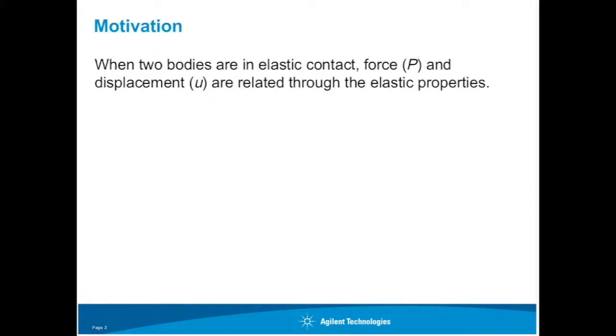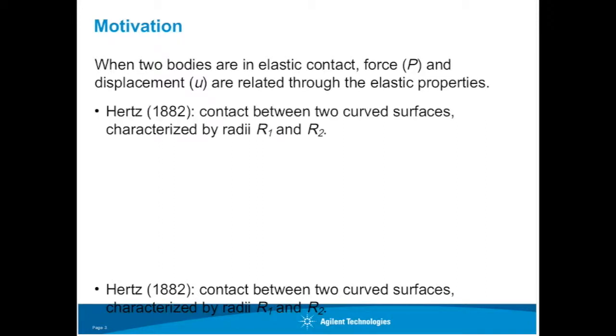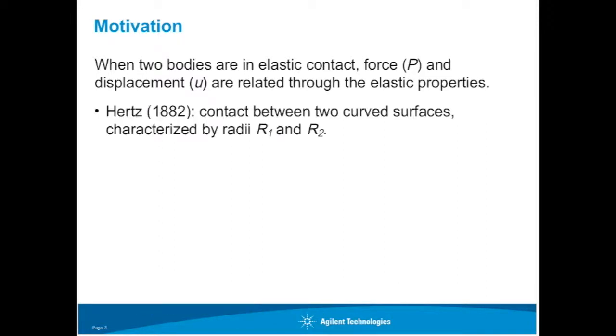All right, when two bodies are in elastic contact due to a force, the force and the displacement are related through the elastic properties and the geometry of the two bodies. In 1882, Hertz was the first person to articulate this relationship between force, displacement, and elastic properties for contact between two curved surfaces.